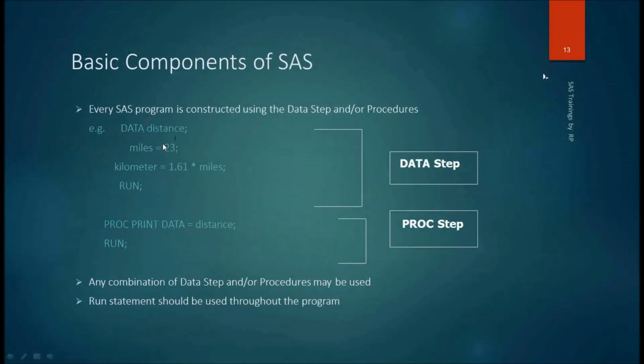If you see the example here, there are two components: one is the data component and one is the proc component. In the data component, we are creating one dataset using two variables, and in the proc component, it is printing the created dataset called distance. So you can use a data step or proc step based on your requirement.